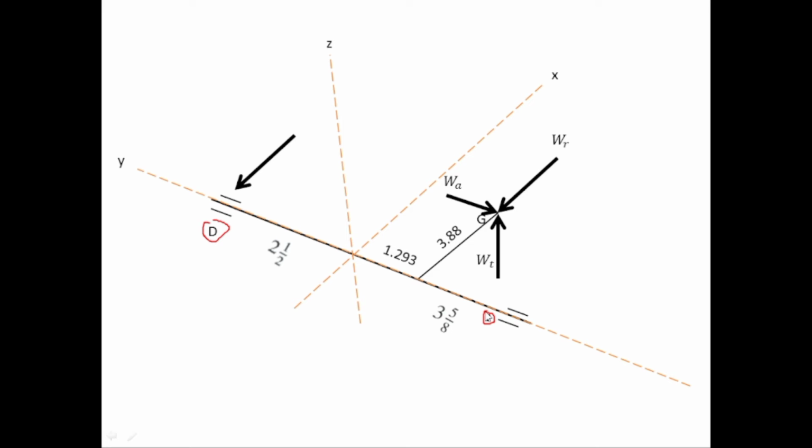At D, as it is in x direction, we have written it as FDX, and this is in z direction, so FDZ. These are the actual directions of FDX and FDZ, but in our calculation we will take these forces in positive directions, and after the calculation we will come to know that these forces were actually in negative direction, so that is why from now we have written them in negative directions.